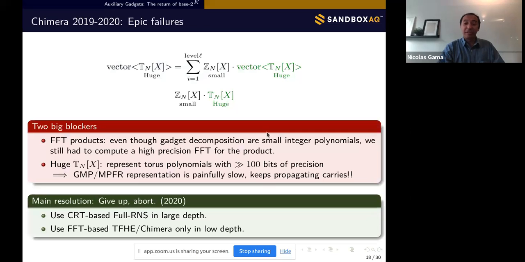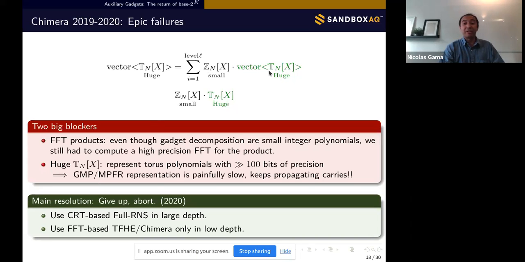In the first implementation that we tried, we said native 64-bit will not be enough. We need at least 100 bits, even more, 1000 bits of precision. So the first thing we tried was to use GMP and MPFR.